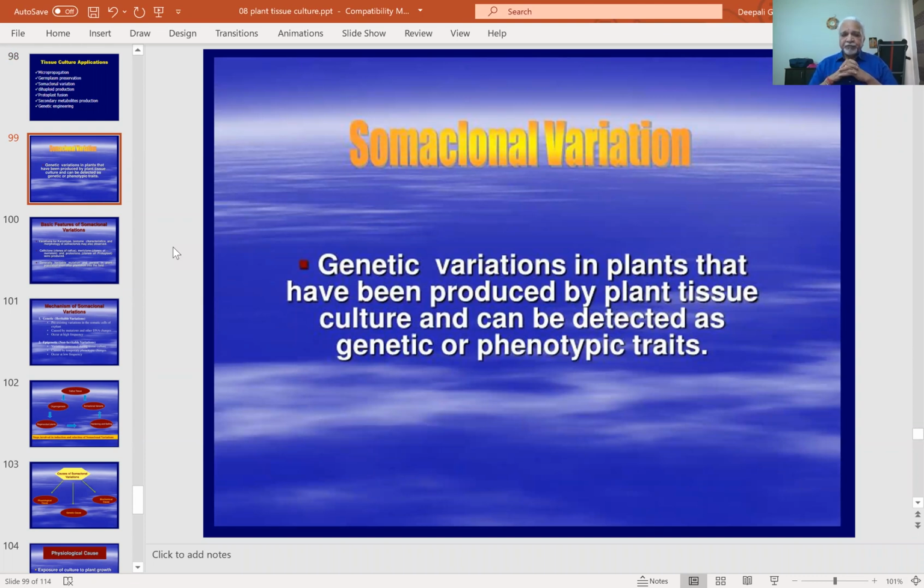As a definition, somaclonal variations are genetic variations in plants that have been produced by tissue culture and can be detected as genetic or phenotypic traits.